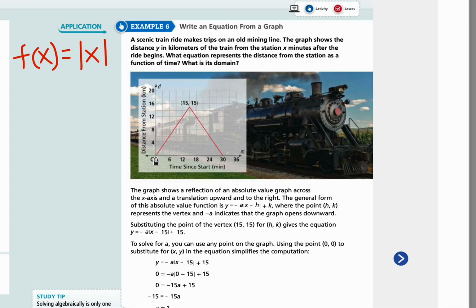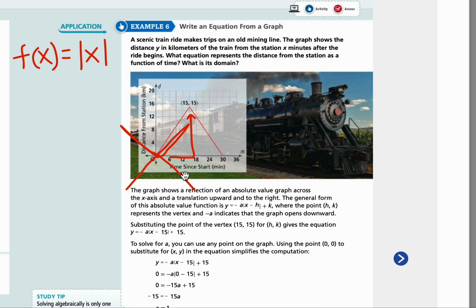You have a flipped V, which means a reflection over the x-axis. And then your vertex moves from 0 to 15 and up 15, so right 15 and up 15.